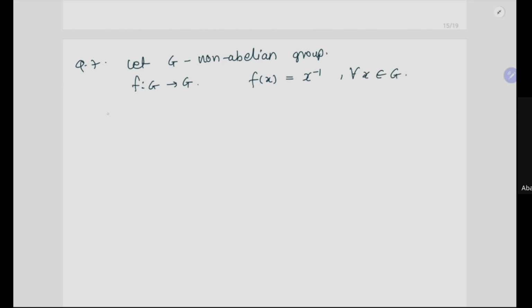I think it is 7. So let G be a non-abelian group, and f be a map from G to G such that f of x is equal to x inverse for all x in G. So can this f be a group homomorphism?